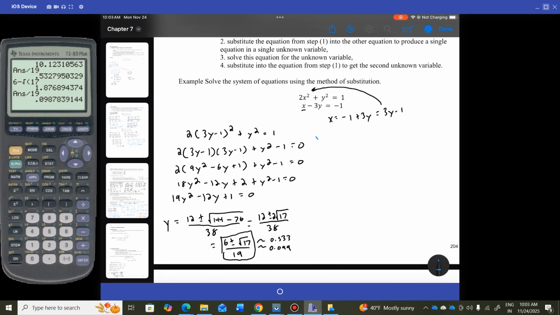So x would equal 3 times (6 plus square root of 17) over 19, which is going to be 18 plus 3 square root of 17 over 19, minus 1. So I can then make that with the minus 1. We'll have that as 19 over 19.